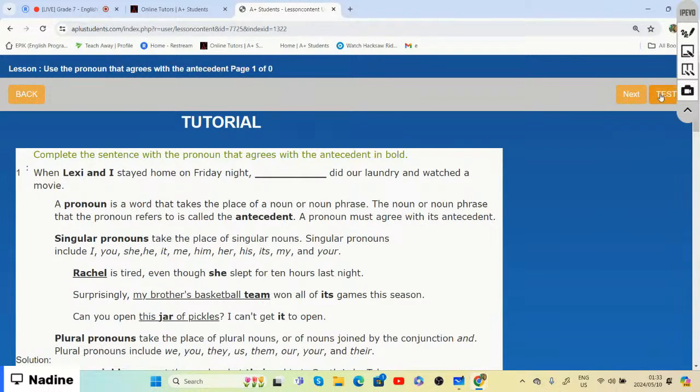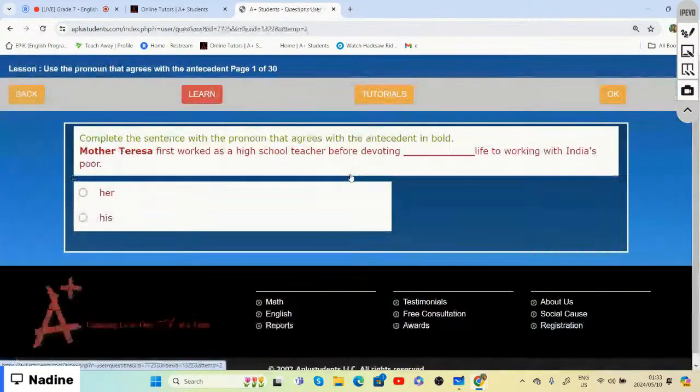So we're going to our test, because this is also the same as the previous one, where our antecedent is in bold and it needs to refer to the pronoun that we are going to choose. So complete the sentence with the pronoun that agrees with the antecedent in bold.